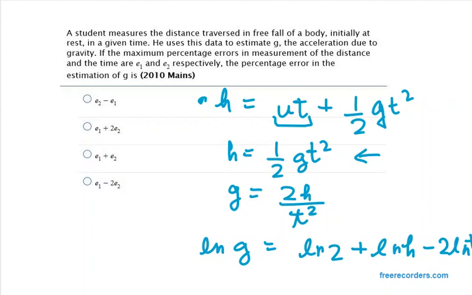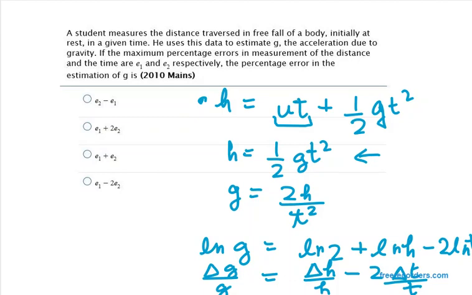Now I will differentiate it, so it will be del g over g. The first term is constant, so it will be 0. Del h over h minus 2 del t over t. Now read the question again.